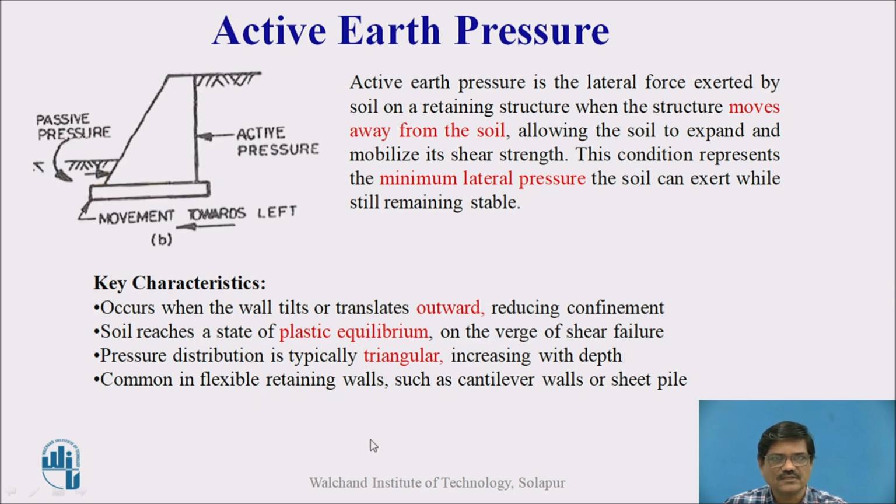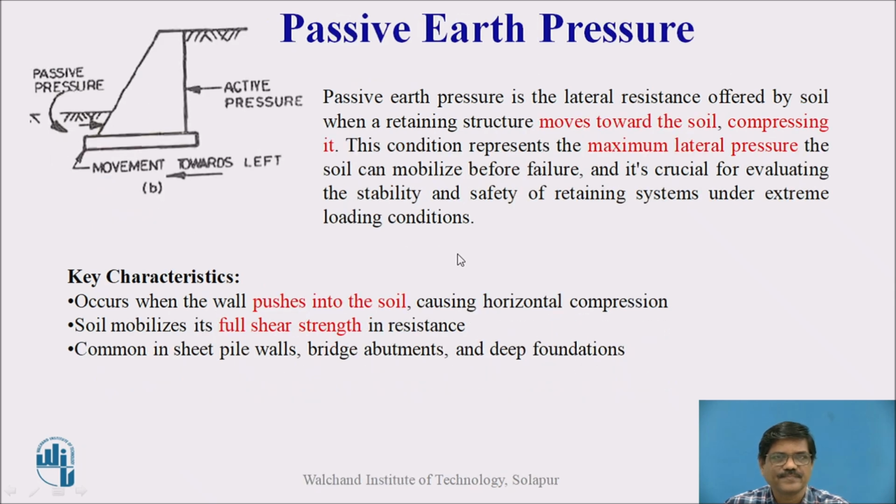So, this is about the active earth pressure, whereas on the opposite side simultaneously the passive pressure is generated when the wall is moving towards the backfill. So, that has been explained here. The passive earth pressure is the lateral resistance offered by the soil when the retaining structure moves towards the soil and compresses it.